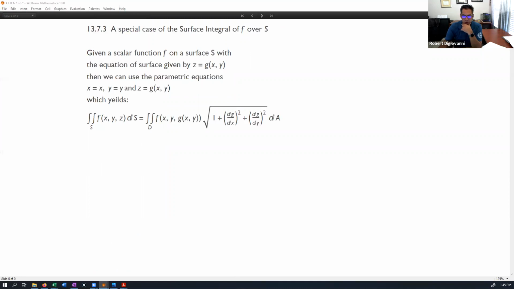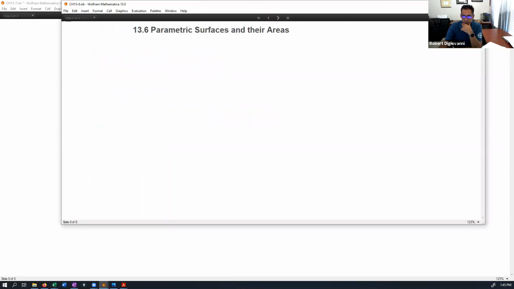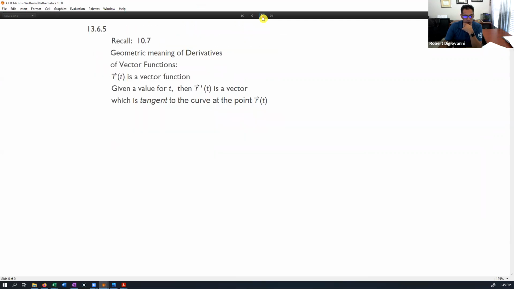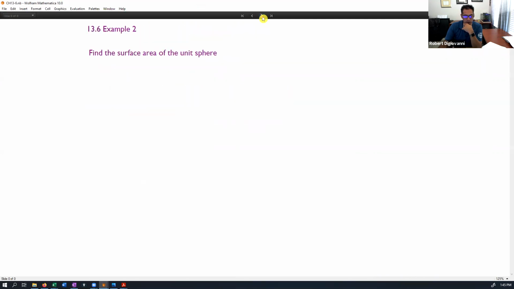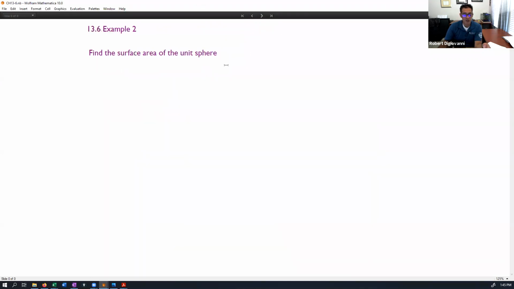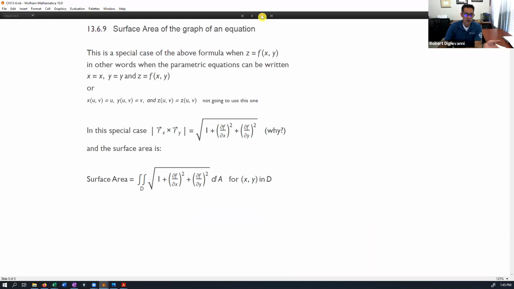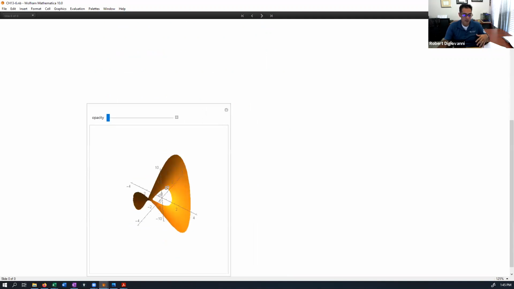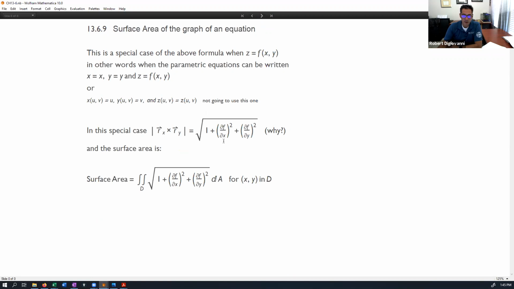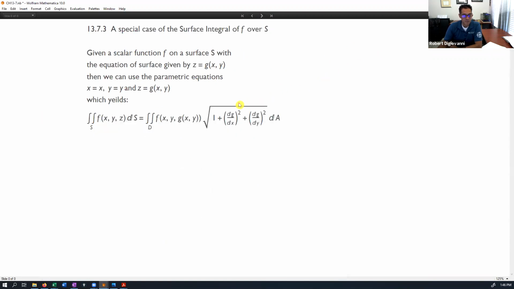When we were doing the surface area just a moment ago, I gave you the formula we started class with right here, and we found the surface area of a sphere. But then I said, hey, look, in the special case where our surface is floating up, like this one, the formula simplifies and gets a little easier to use. And here it is. Same goes for surface integrals.